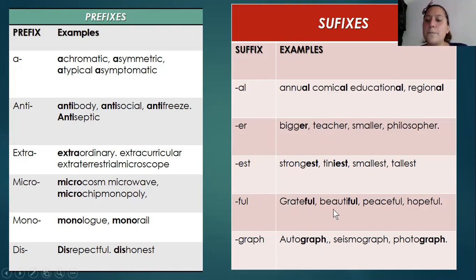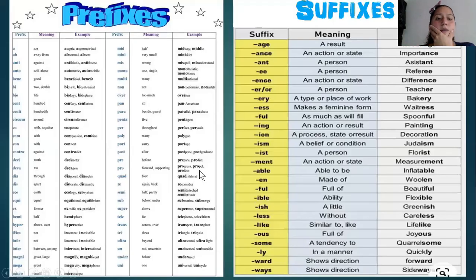Grateful, beautiful. The noun is beauty, but when you use beautiful with full at the end, you make a word related to the first word. Let's continue. Here we have a lot of words and the meaning of the prefixes.